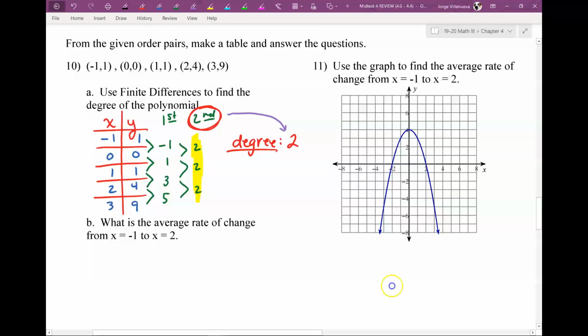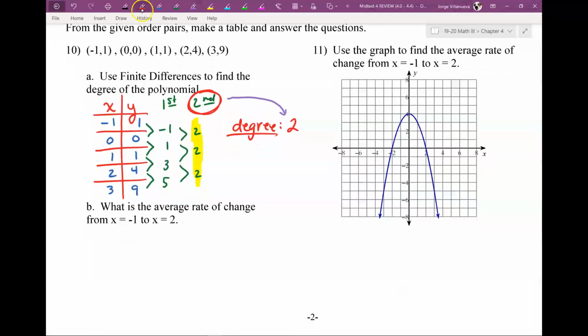Now, for the next part, part B says, what's the average rate of change? So the AROC of the numbers negative 1 and 2. So, guys, notice negative 1, here's my Y value for negative 1, and 2, here's my Y value for 2. So remember, you do y2 minus y1 over x2 minus x1.